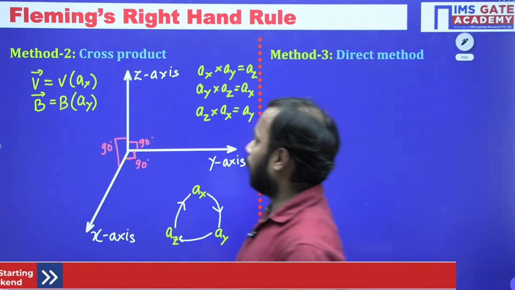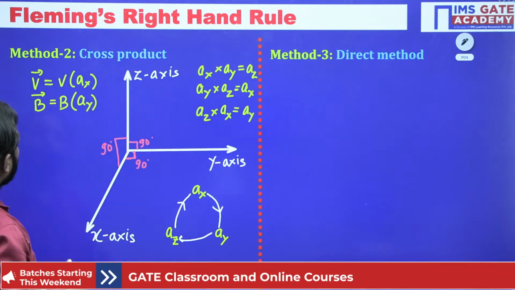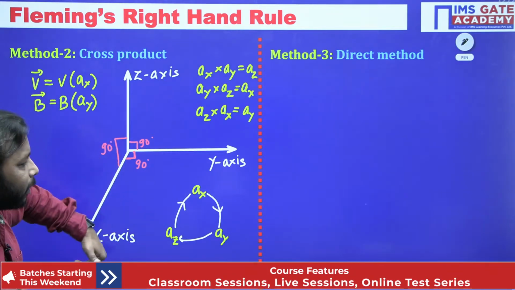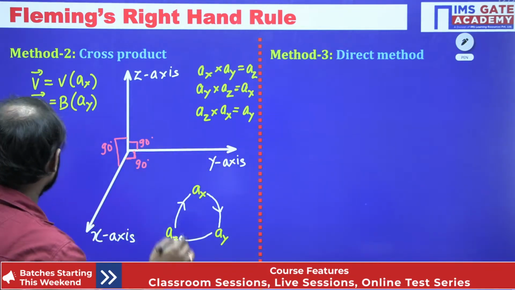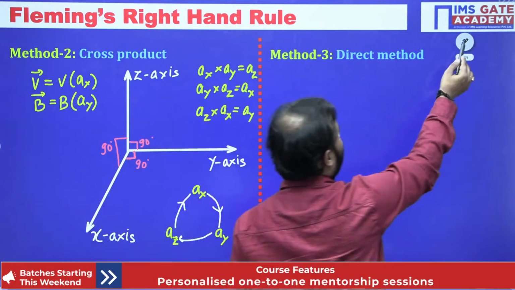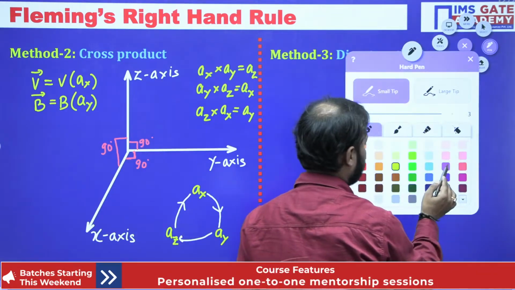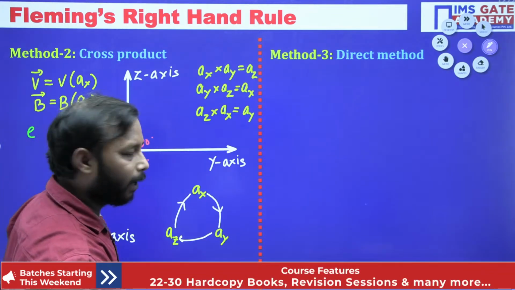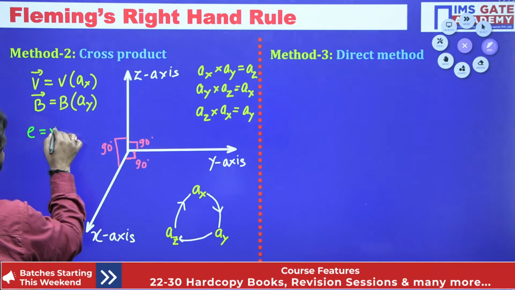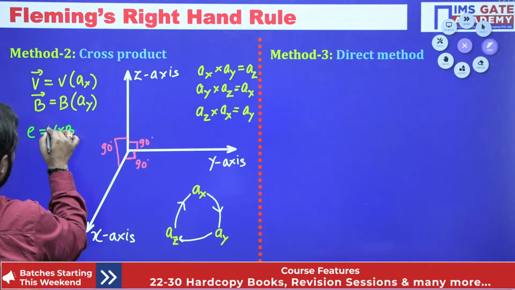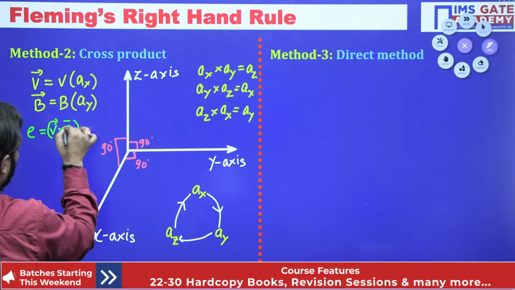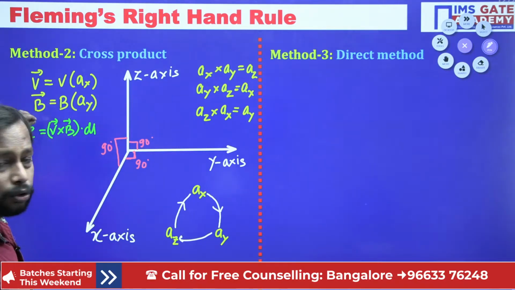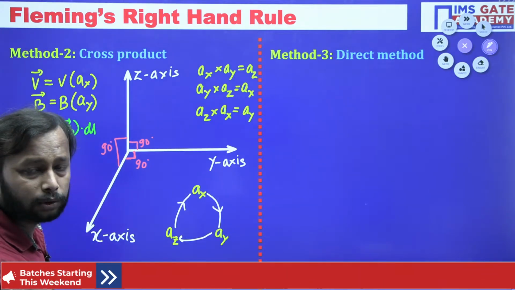Now how are we going to find it? See here, the velocity is in the X direction and the magnetic field in the Y direction. So your EMF, which will produce a current, is basically V cross B dot DL. This is the expression of induced EMF and it will produce the induced current.